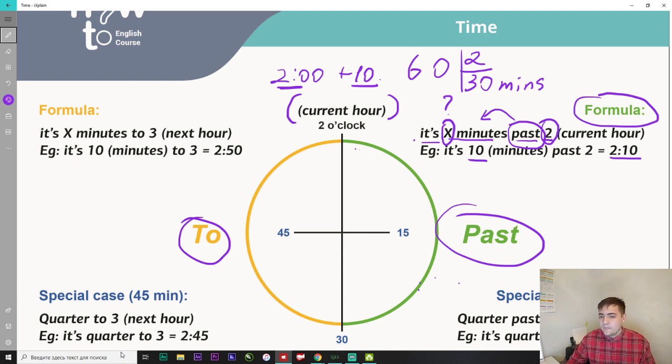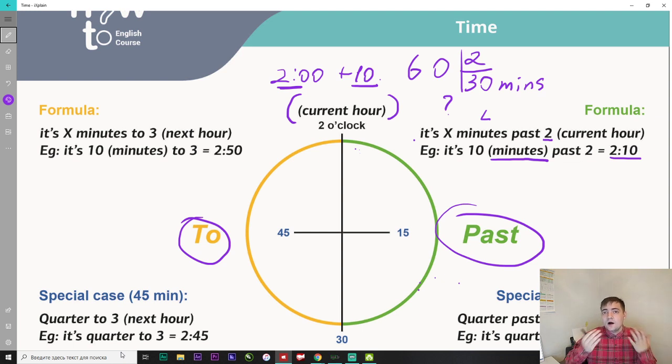As you can see, we have brackets right here in our example. That means brackets mean optional. Optional means if you want, you can go this way. If you don't want it, you don't have to. Okay?